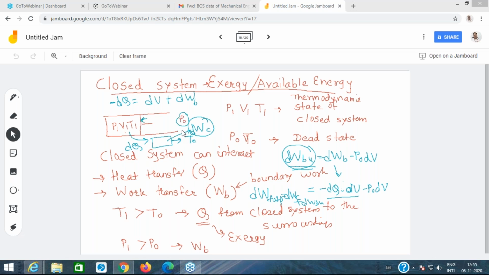Then we calculated the exergy of the corresponding heat transfer and the exergy of the corresponding boundary work.